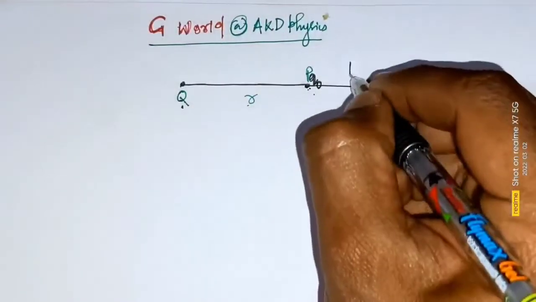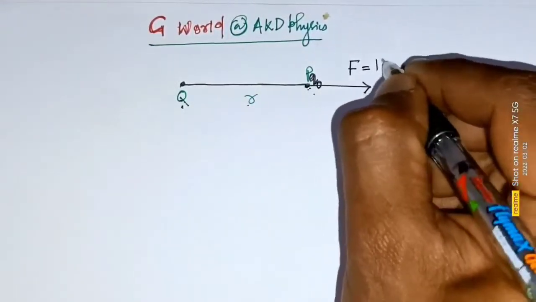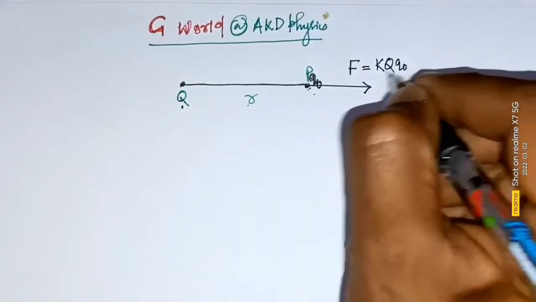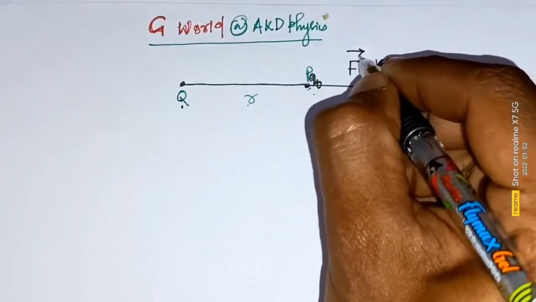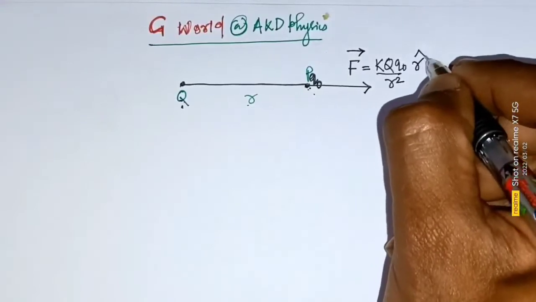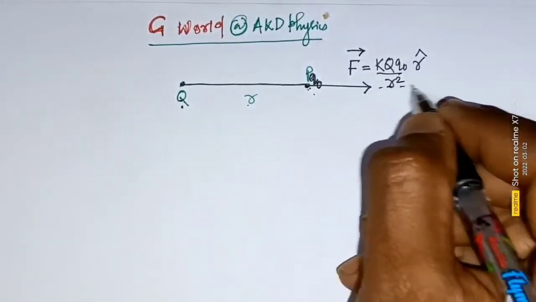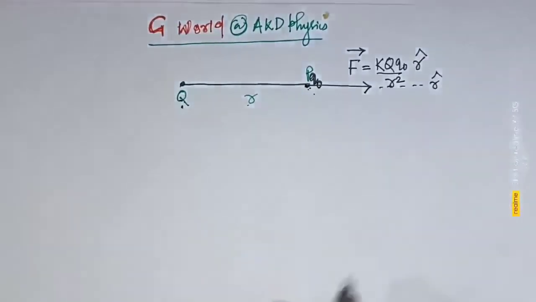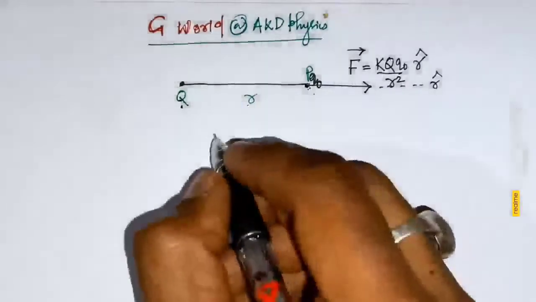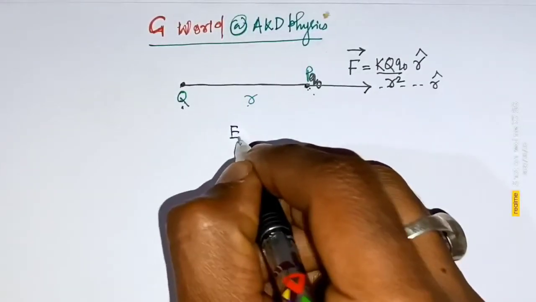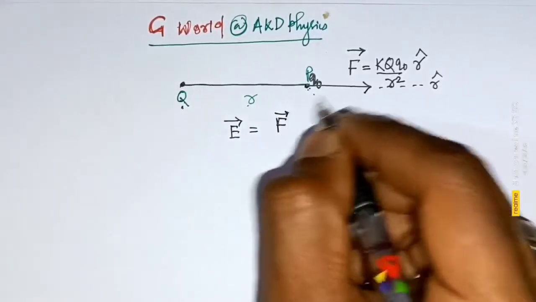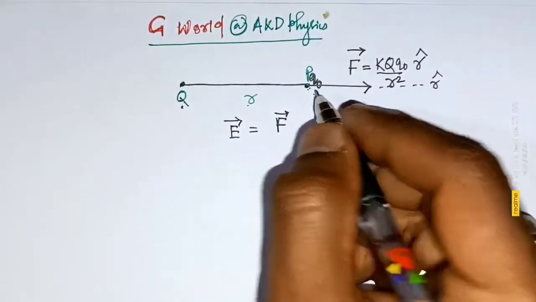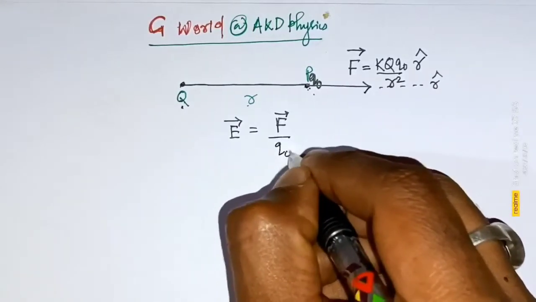And what is the expression of force? That is K Q naught upon r square. If I say this is a vector quantity, I must introduce this r cap, and this is the r cap direction I said. What is the definition of electric field intensity? It is defined as the force experienced by the unit positive test charge, that is force upon the test charge.